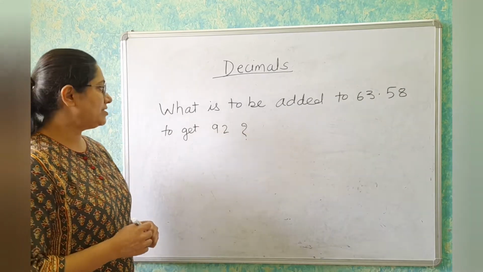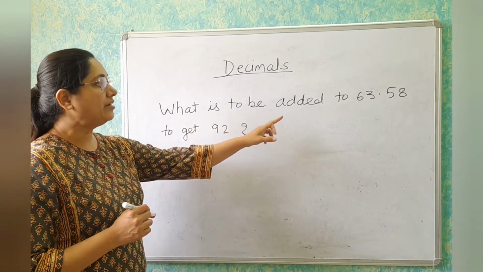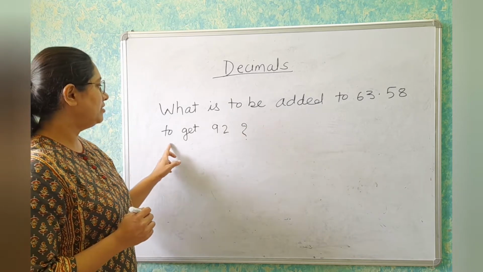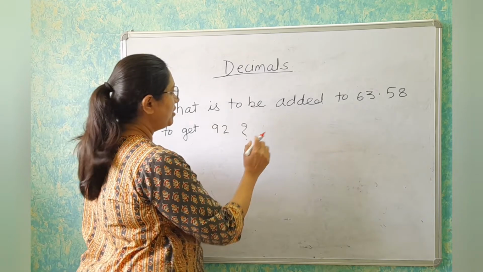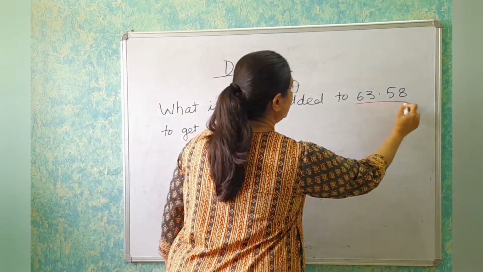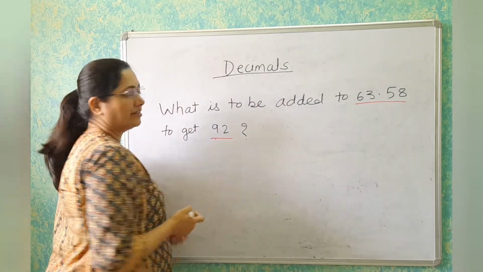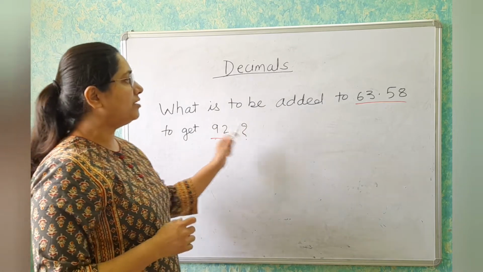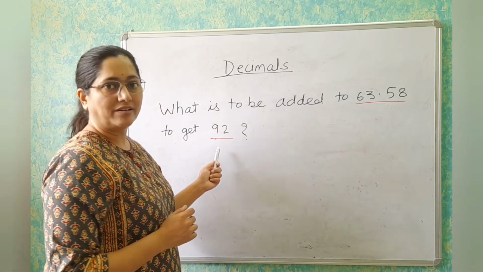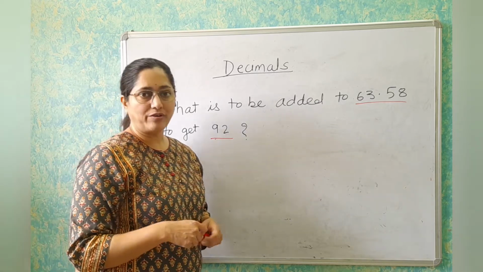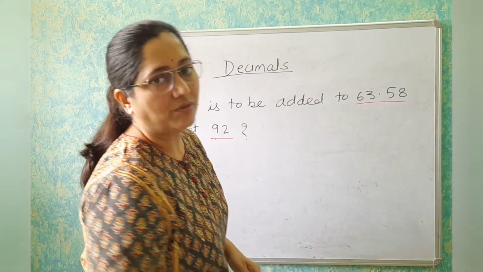Let's take one more example. What is to be added to 63.58 to get 92? Again, 63.58 is a smaller number and 92 is a greater number, and we have to add a particular number to 63.58 to make it 92. So simply we have to subtract these two numbers.